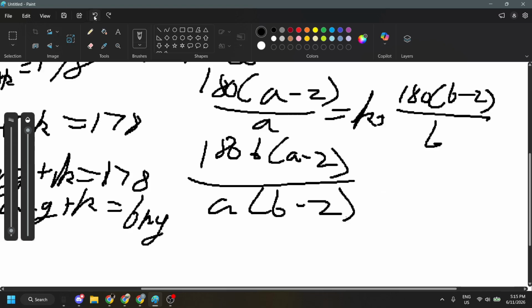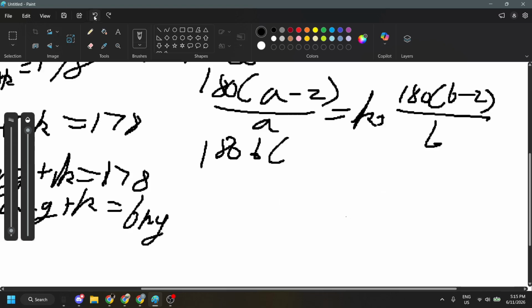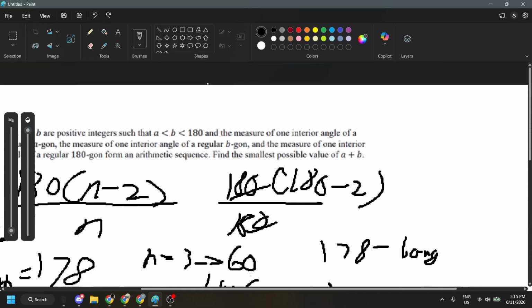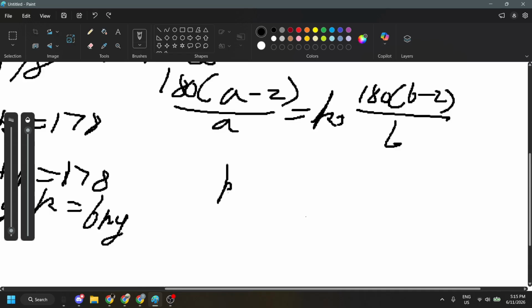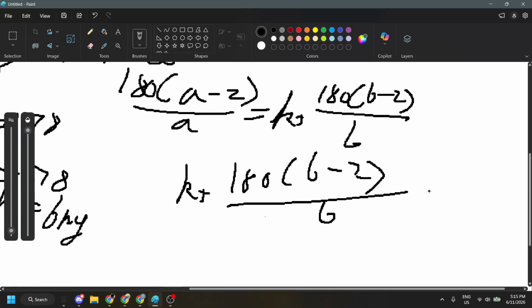No. Maybe the other one will be more simple. K plus 180 times b minus 2 over b is equal to 178. K has to be at least a third of 178.